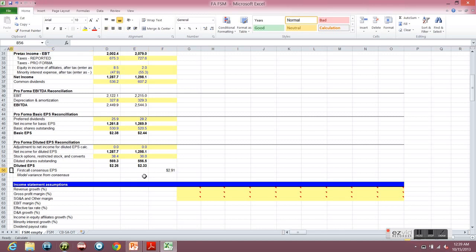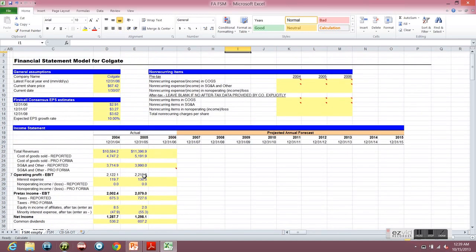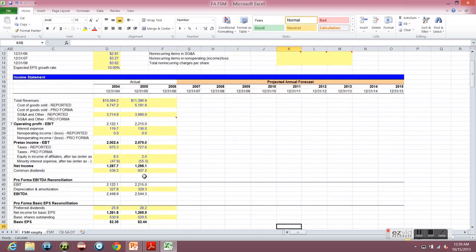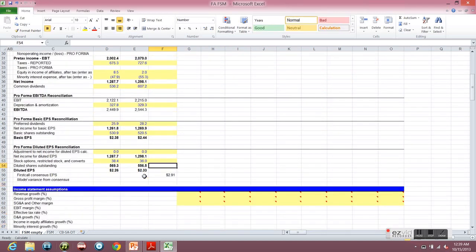Once we find our consensus estimates, we're going to lay them out over here, then find projected. Then we're going to find our non-recurring items, and from there we're going to go on and have a great time.